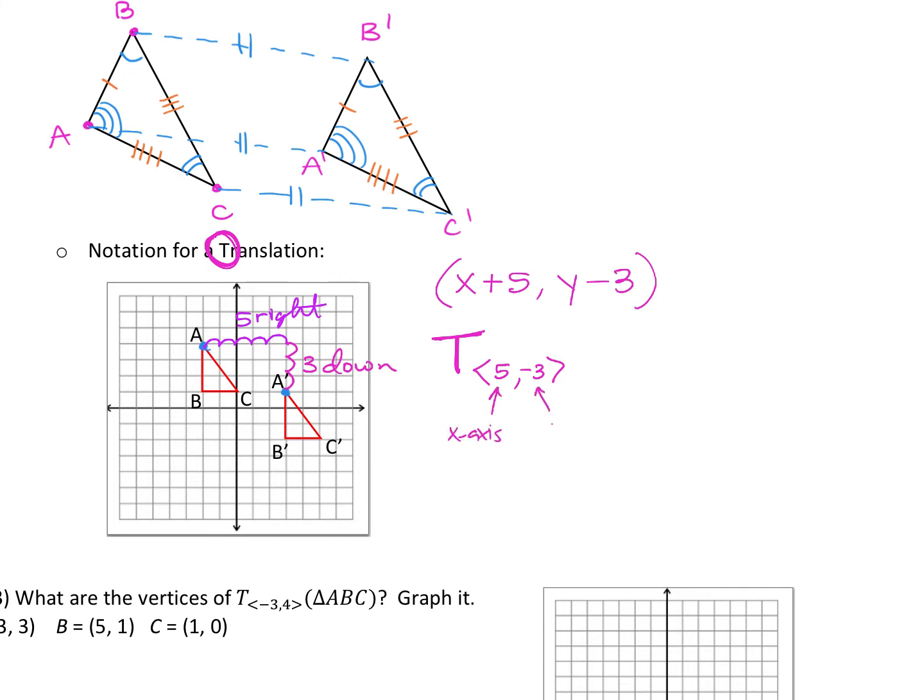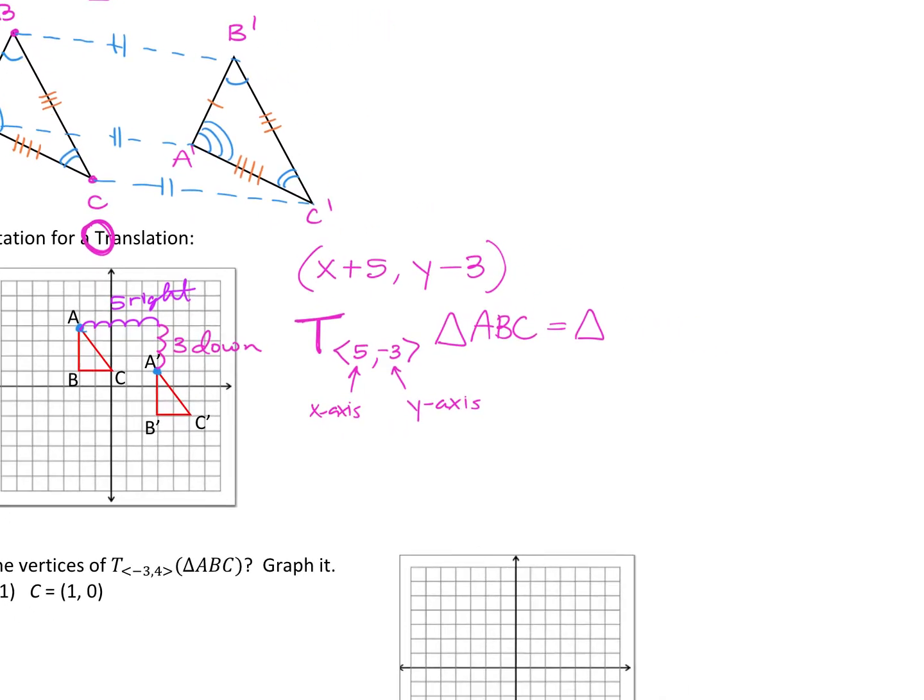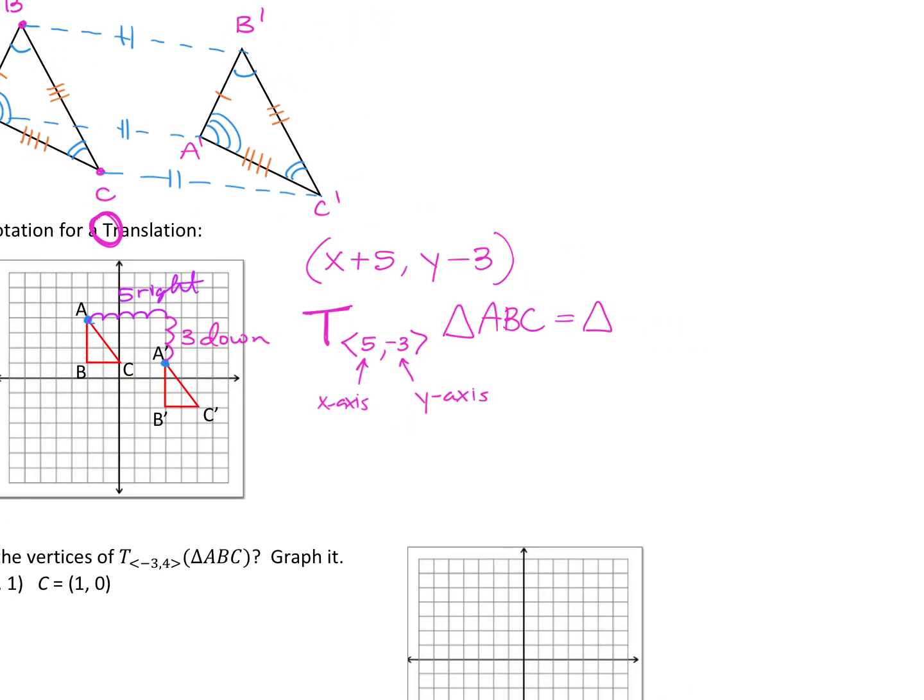This is where you're moving on your Y axis. Okay, and then the way you finish it is you say it's a translation of 5, negative 3 of triangle ABC becomes triangle A prime, B prime, C prime. And really if you want to use maps onto there, you could too.